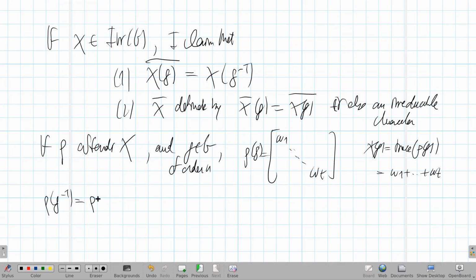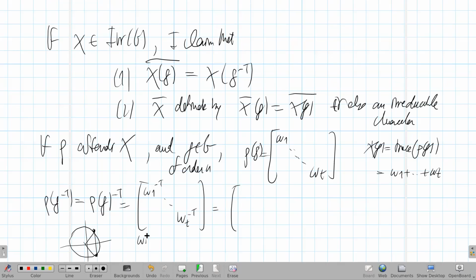Well, since rho is a morphism, this is rho of g inverse, which, of course, this being a diagonal matrix, these are the inverses. But the omega i are roots of unity. And as we discussed several times, if you have a root of unity, its inverse will be its conjugate, okay? The omega i are roots of unity.